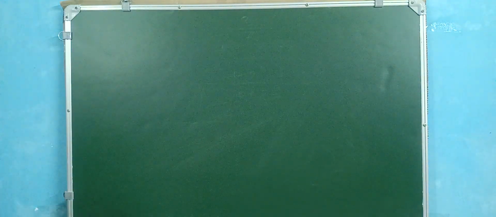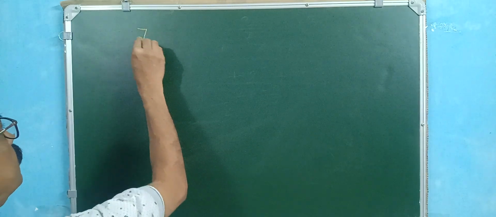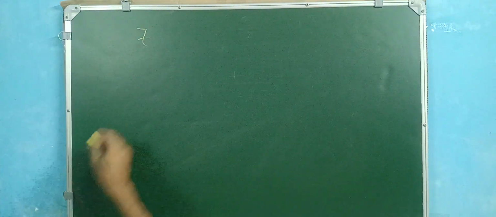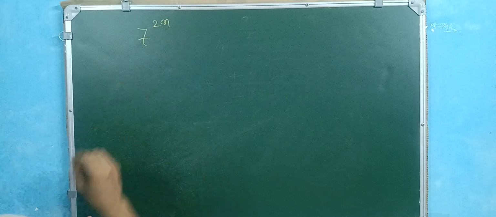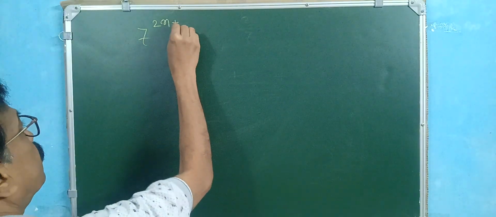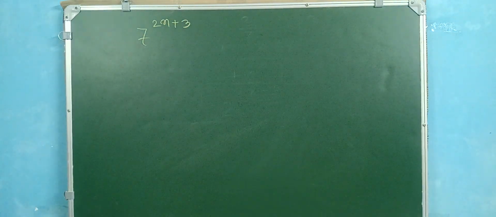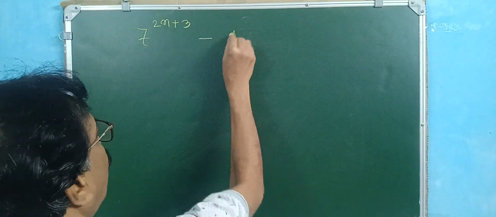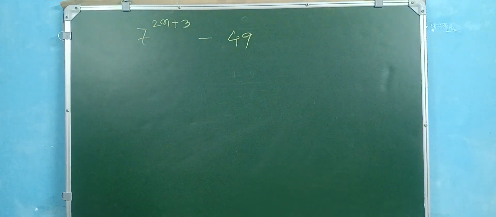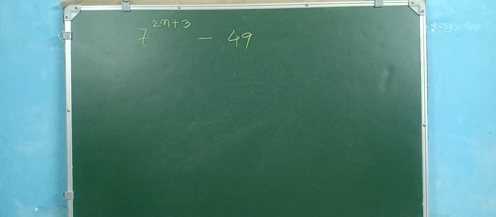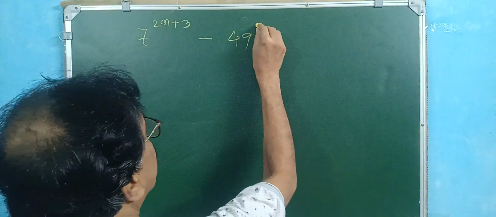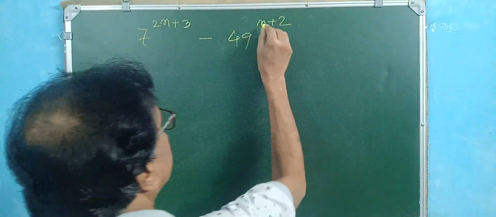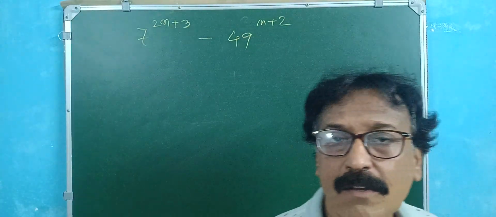Now the next sum. This is 7 to the power 2n plus 3 minus 49 to the power n plus 2. This is n plus 2. Clear?